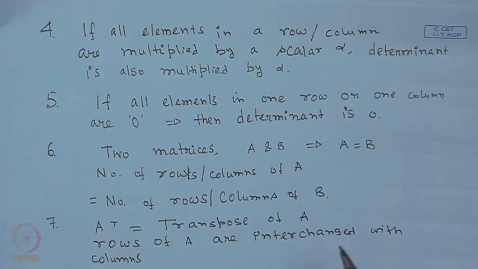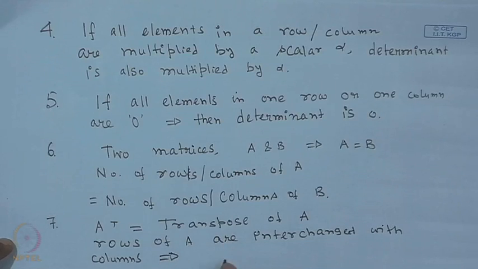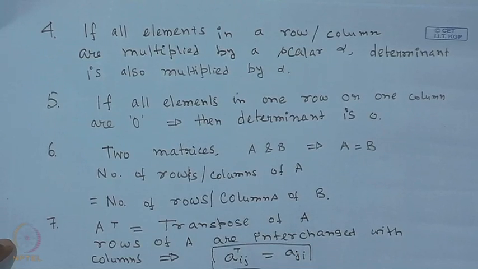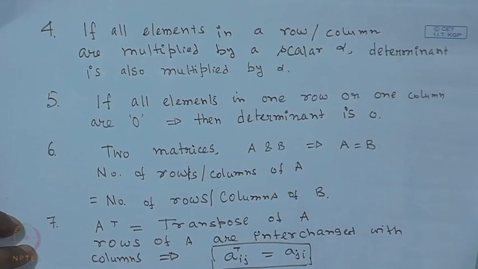The new matrix that is generated by interchanging the rows with the columns is called a transpose matrix. So, therefore, if superscript T represents the transpose matrix, then A i j superscript T should be equal to A j i. So, that is the relationship between the elements of a matrix A and its transpose.